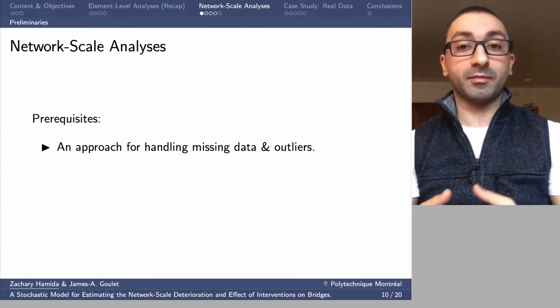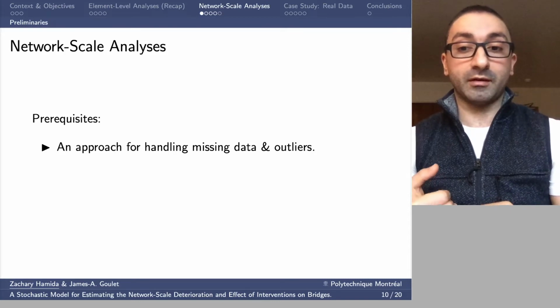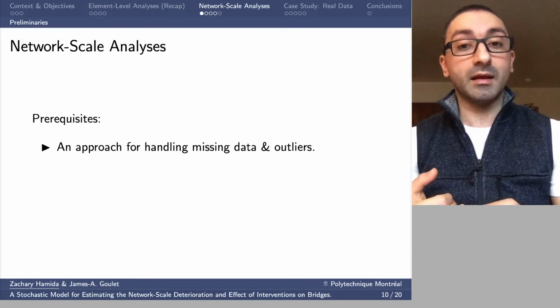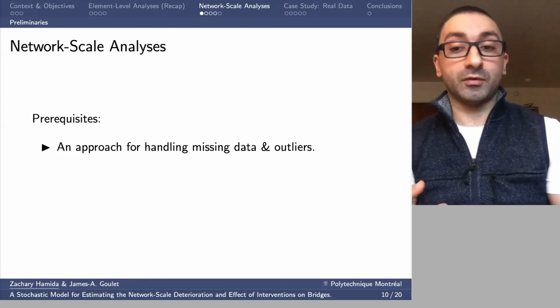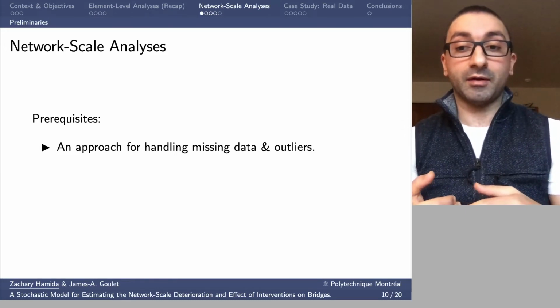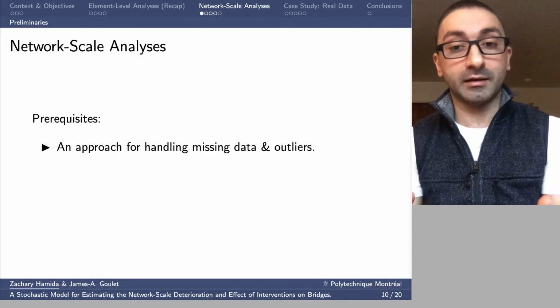Some of these inspections might be missing, some might be erratic, and we might even have missing intervention reports, so interventions that are unreported. So we need an approach to deal with that.